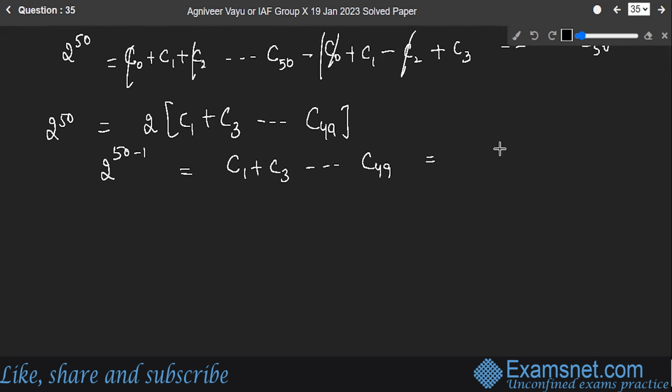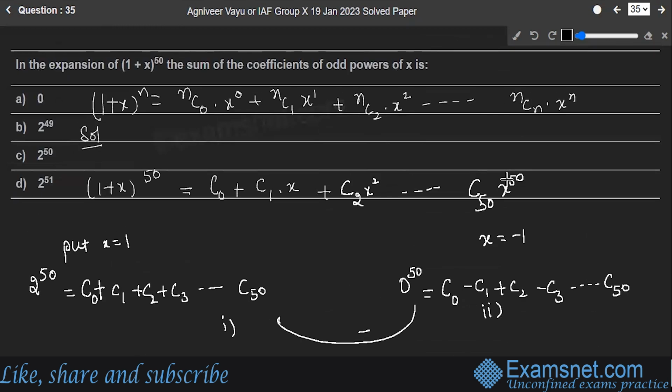So the sum of the coefficients of the odd powers of x is equal to 2^49. This is option B. Hope you understood this.